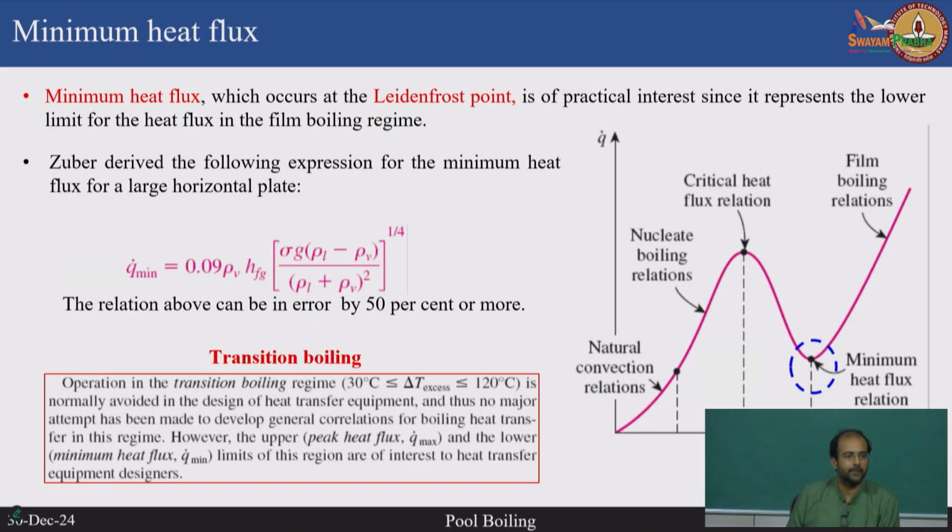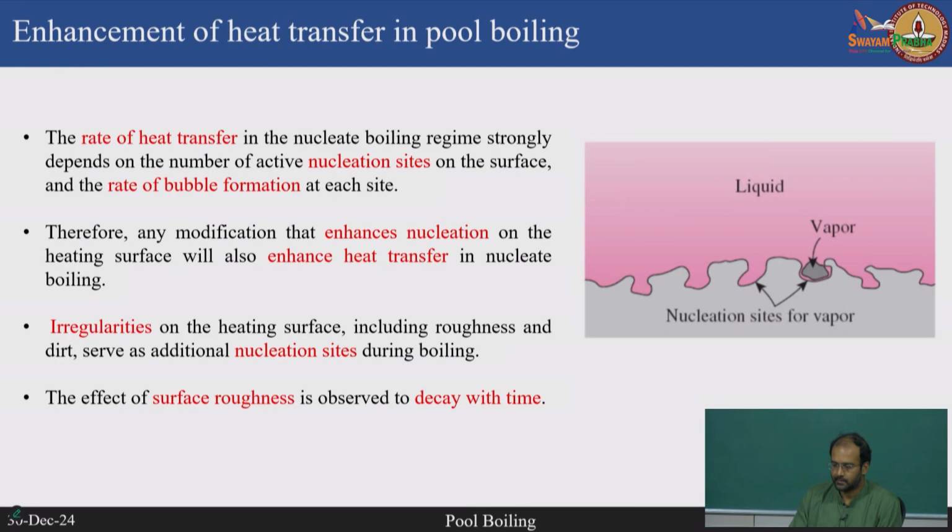Now, if I do the same experiment with copper and change the roughness of this copper, I slightly get a deviation from this boiling curve, because again, as I said, the nucleation will be influenced by the surface roughness. So, the nucleating cavities are controlled by the surface roughness, and if I am not very careful in maintaining a completely smooth or polished surface, I can completely change the nature of these boiling curves.